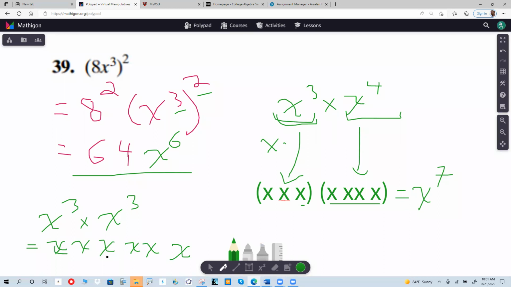So you really have 6 of them, which is the same as 3 times 2. More information than you need, but it's nice to know why they work the way they do. And there is a method to the madness. We're not making it up. It really works that way.